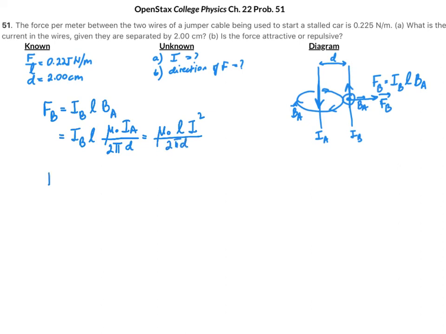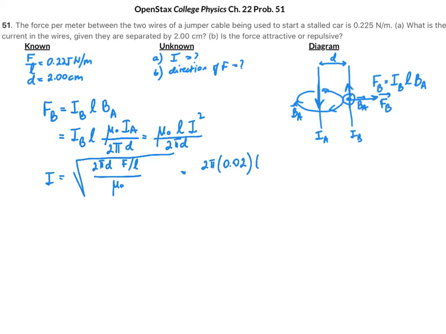So we're looking for the current. The current will be the square root of 2 pi D times F over L divided by mu naught. So we plug in the numbers. 2 pi D is 2 pi times 0.02 meters.